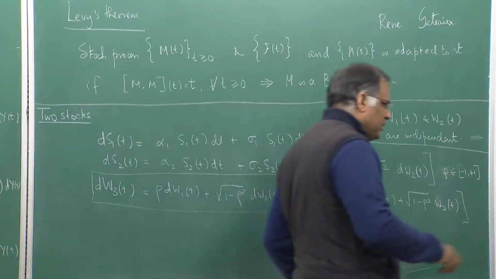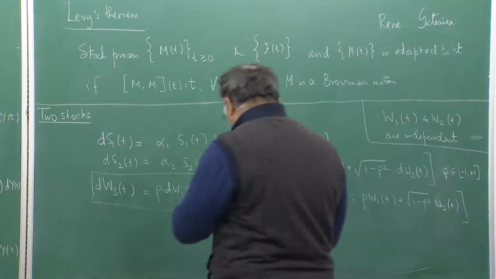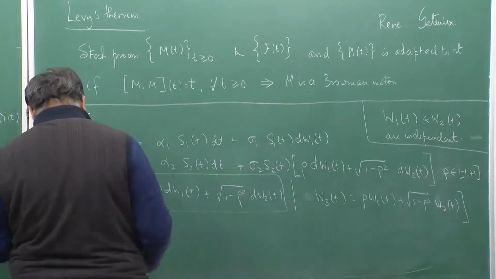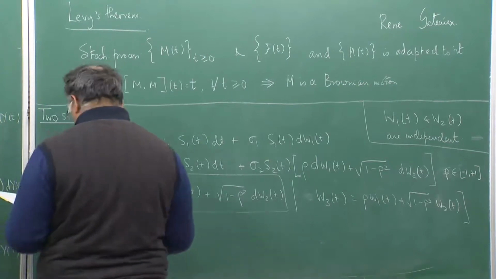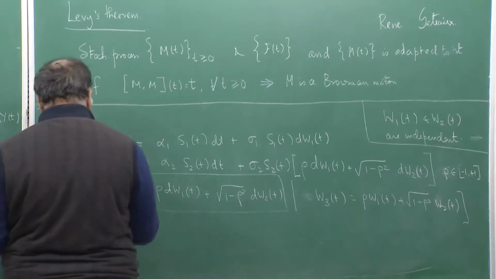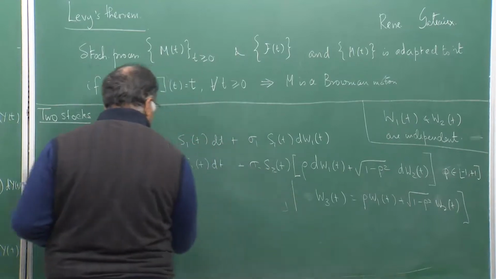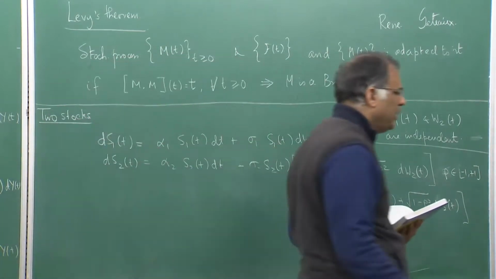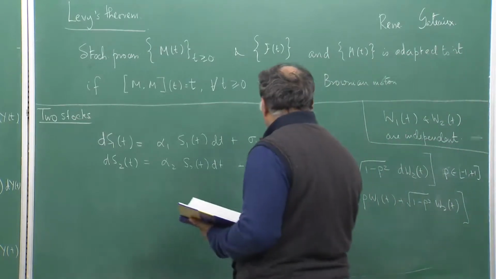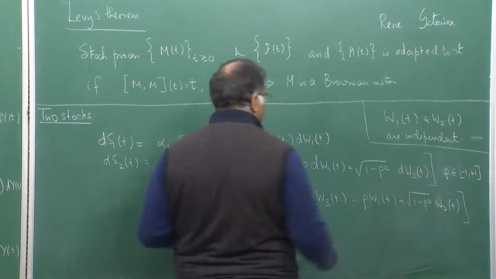Technically I am writing the differential form part, but one has to show that if I take W3t like this, then dW3 would actually be like this.